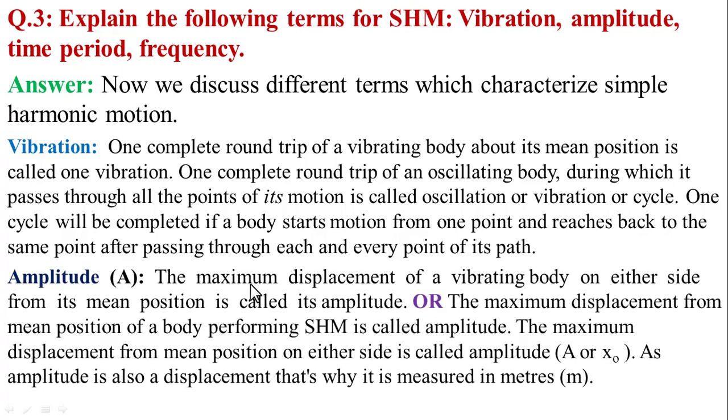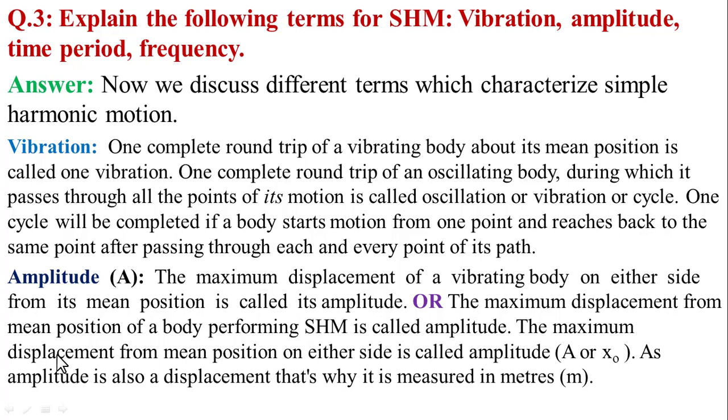Now what is meant by amplitude? The maximum displacement of a vibrating body on either side from its mean position is called its amplitude, or the maximum displacement from the mean position of a body performing simple harmonic motion is called the amplitude.